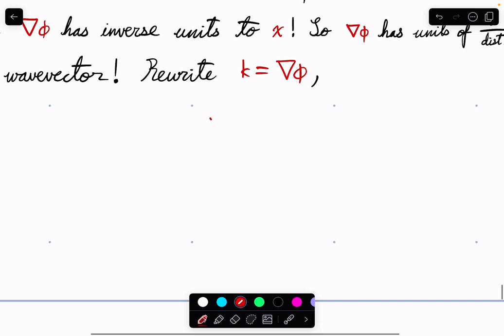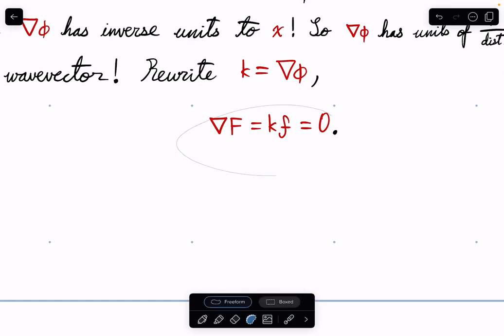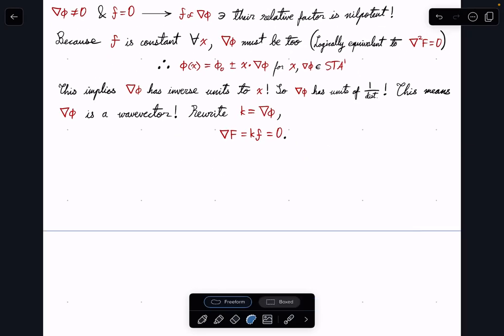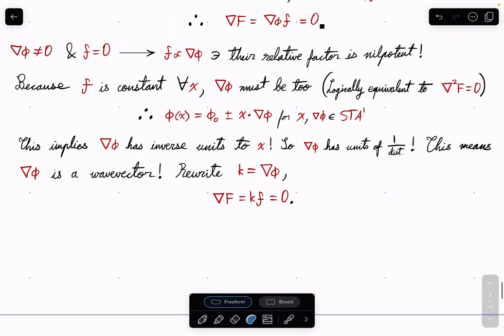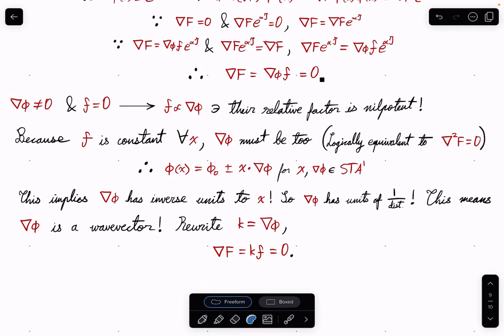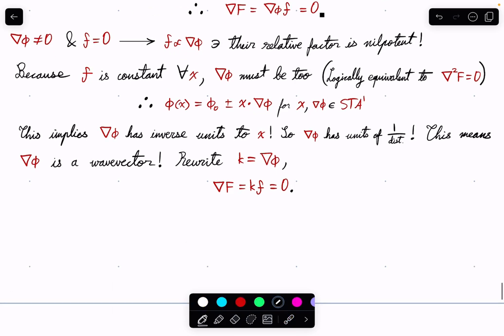So you end up with the gradient of f is just equal to kf, which is equal to 0. Now remember how they must have a relative factor that's nilpotent, and this here is just a vector k. Well, then k must be nilpotent, and f must depend on k.